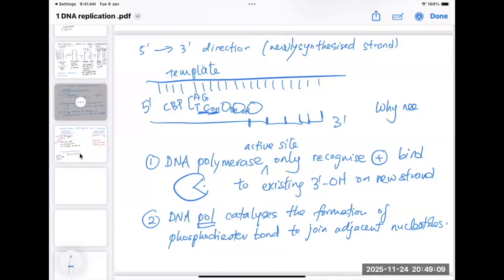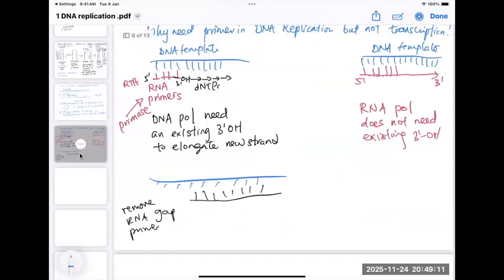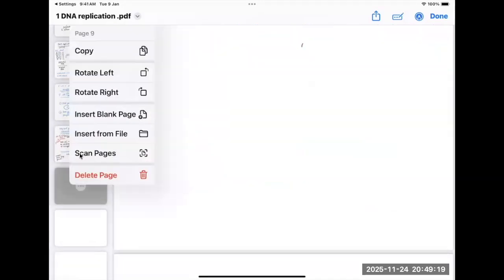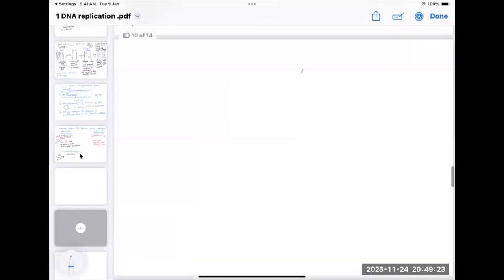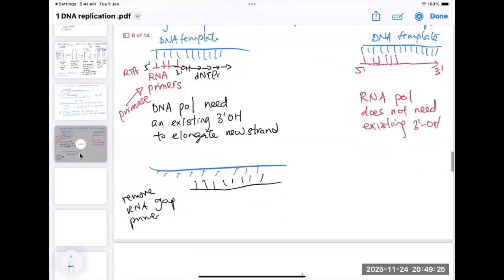And then, okay, so sometimes they'll ask you, the primer. Then which enzyme will remove the primer? Primase?